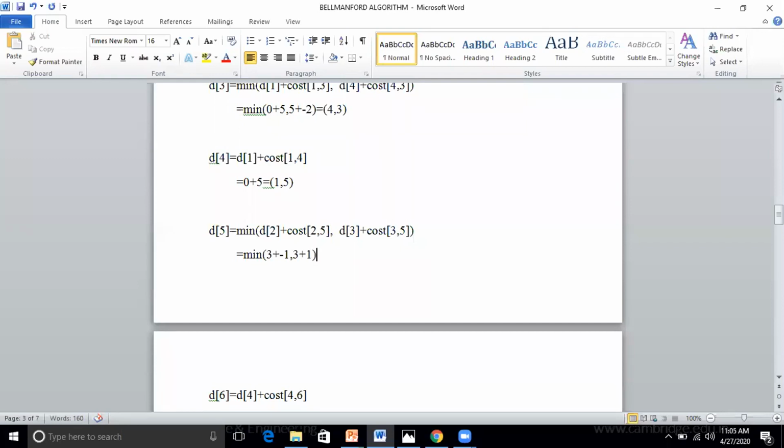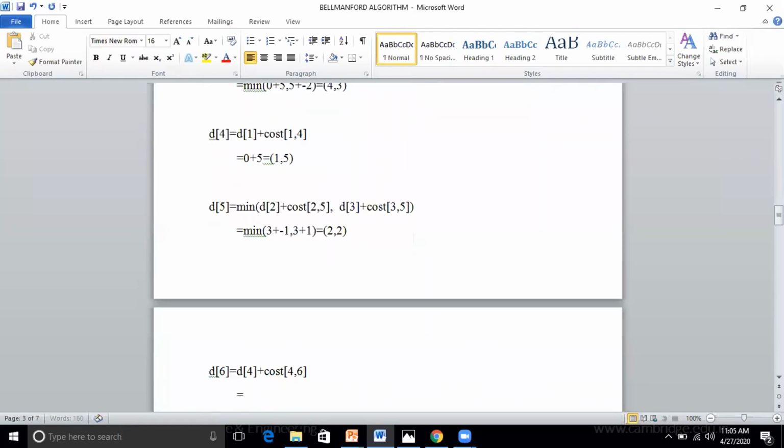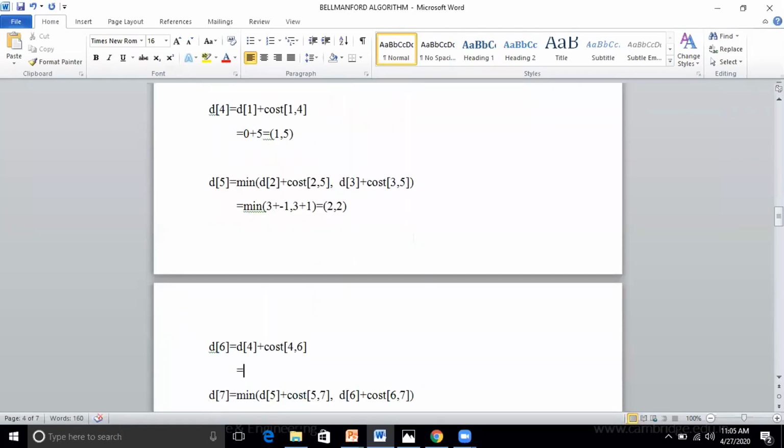So what value are you getting here now? 2. Via which node? 2 itself. Can I write 2 comma 2? Yes. What about D6? D6 is 5 plus minus 1. So what are you getting? 4, via 4 itself. So I'll write 4 comma 4.